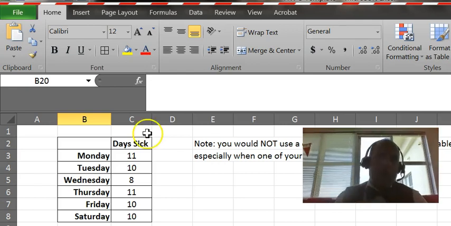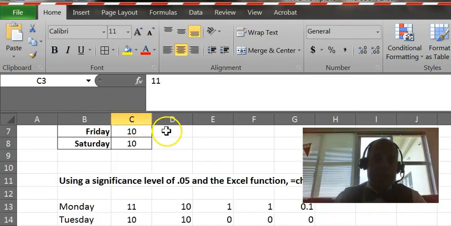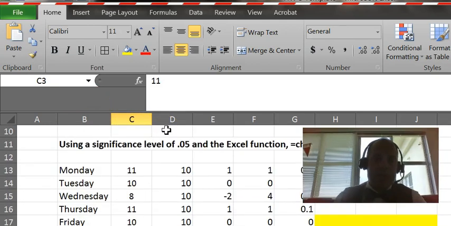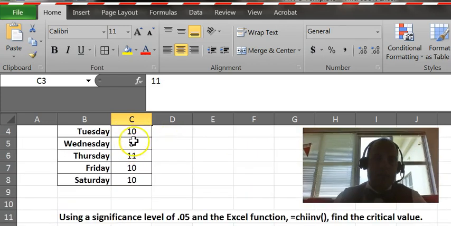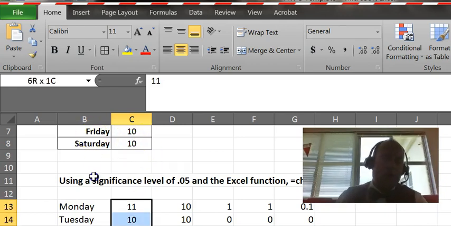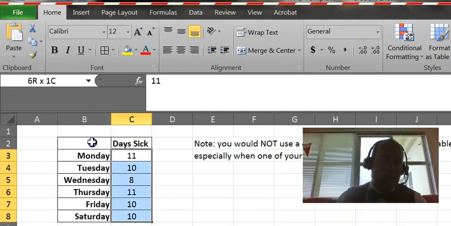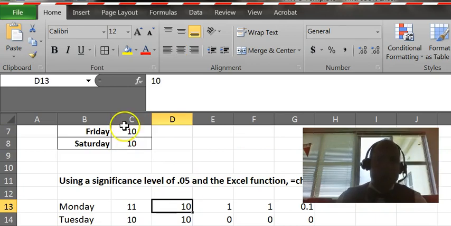So all you need to do is plug in the numbers here, and the way this analysis is being run, it's comparing each of these values for each day against the average. If I took this, the average down here is 10. That's how I know.